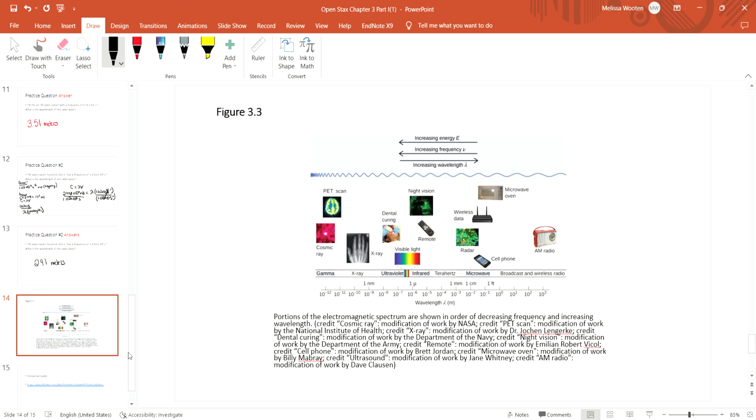Visible light doesn't. If something's too bright it hurts our eyes, but just seeing colors is not going to give you cancer, and anything down here on this end is also not going to give you cancer. And so this is just these waves and how they transmit energy, and these are just examples of how that applies to our lives.